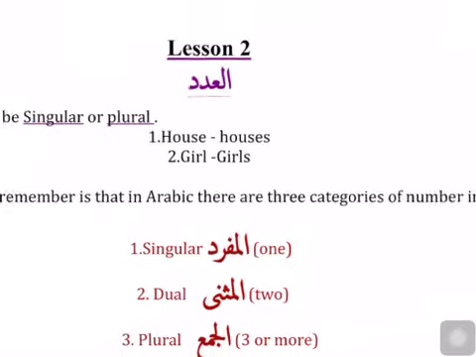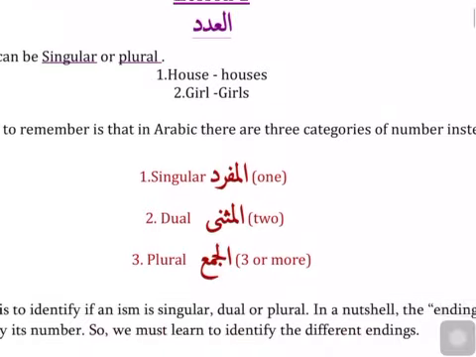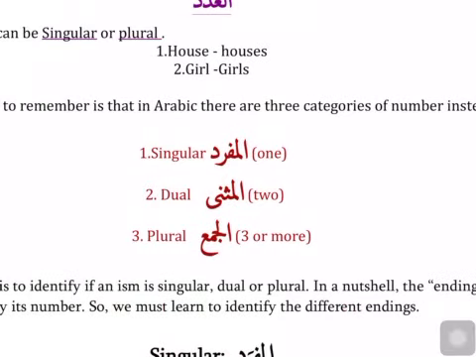Arabic is unique in that it has specific words when you want to talk about two of something. So you have words that denote one, singular words, which are called mufrad. Then you also have plural words, which denote three or more than three of something. These are called jama words. But it also has a category called musanna words, which denotes two of something, dual of something.